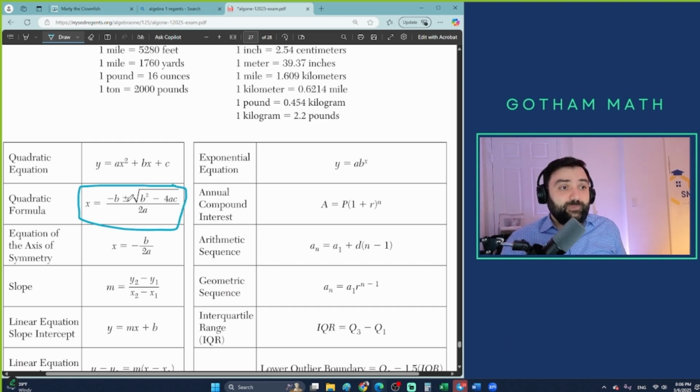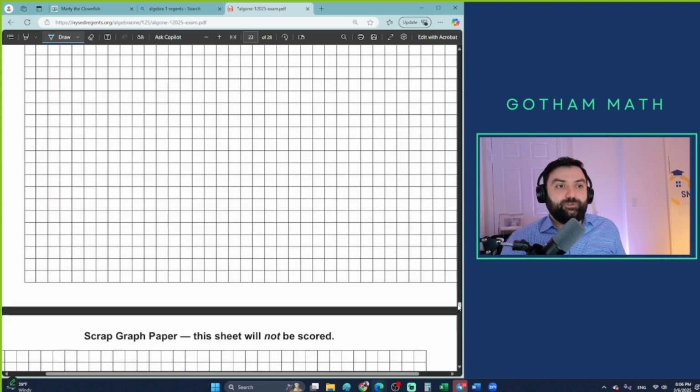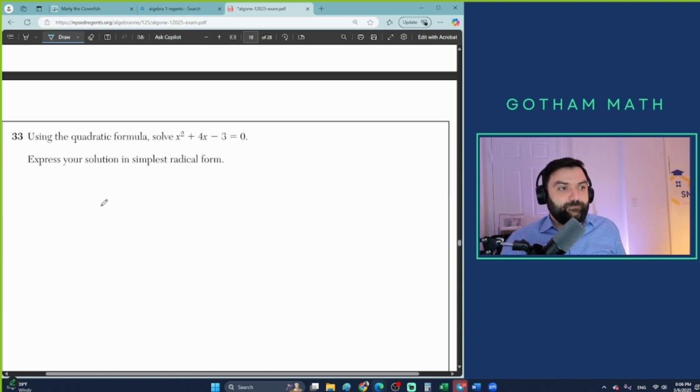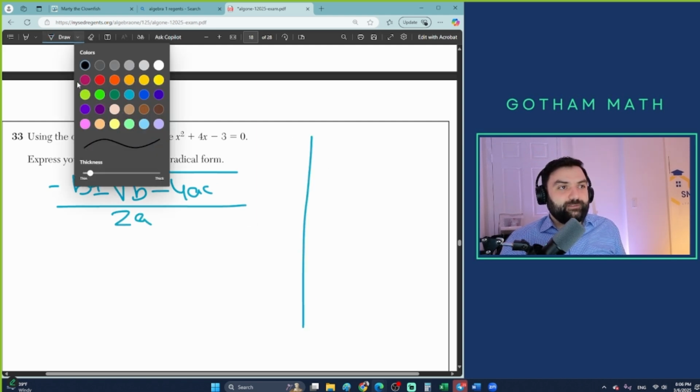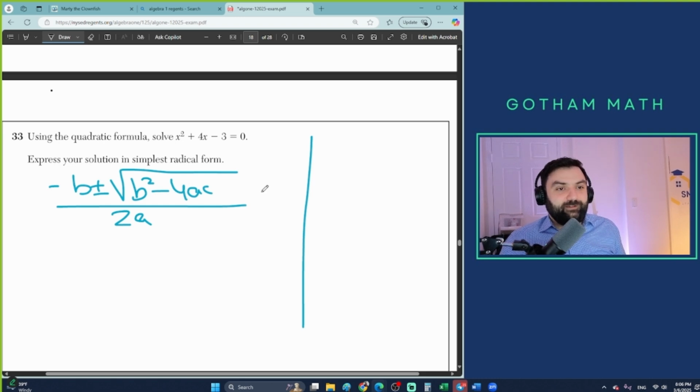Now, copy it down into your question, which is negative b plus minus square root of b squared minus 4ac over 2a. Now, I don't know why I'm writing with that lovely teal color. All right, I'm going to switch to black.